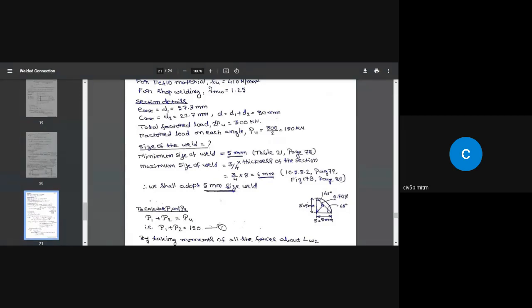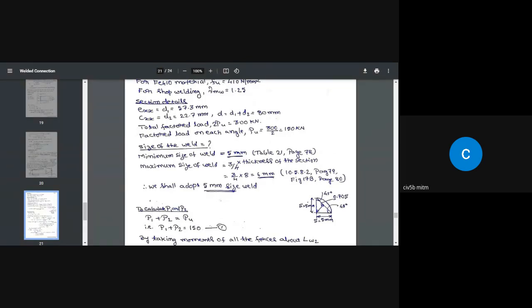Table 21. So what is the thickness of the thicker plate? 12 millimeter. That is the thickness of the gusset plate that falls between 10 millimeter and 20 millimeter. So for 10 millimeter and 20 millimeter, what is the minimum size of the weld? 5 millimeter weld is the minimum size.